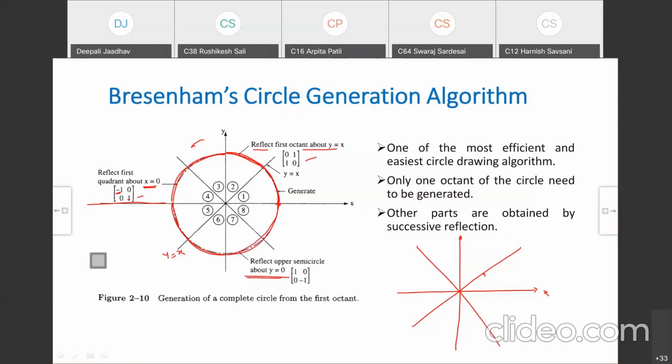First quadrant to octant, then second, then 3, 4, 5, 6, and 7, 8. All the octants of the circle will be generated. That is the simple method used in the Bresenham circle generation algorithm, as written here: only one octant of the circle needs to be generated. Other parts are obtained by successive reflection, one by one.